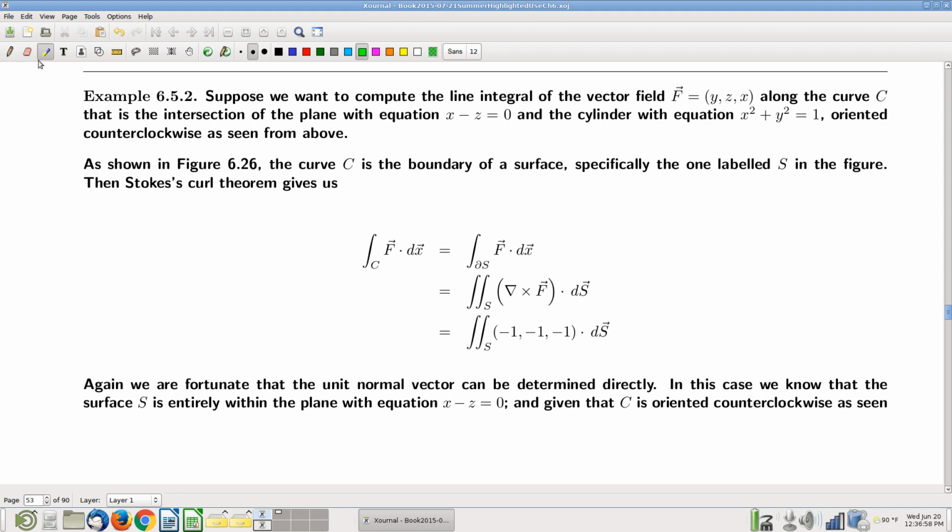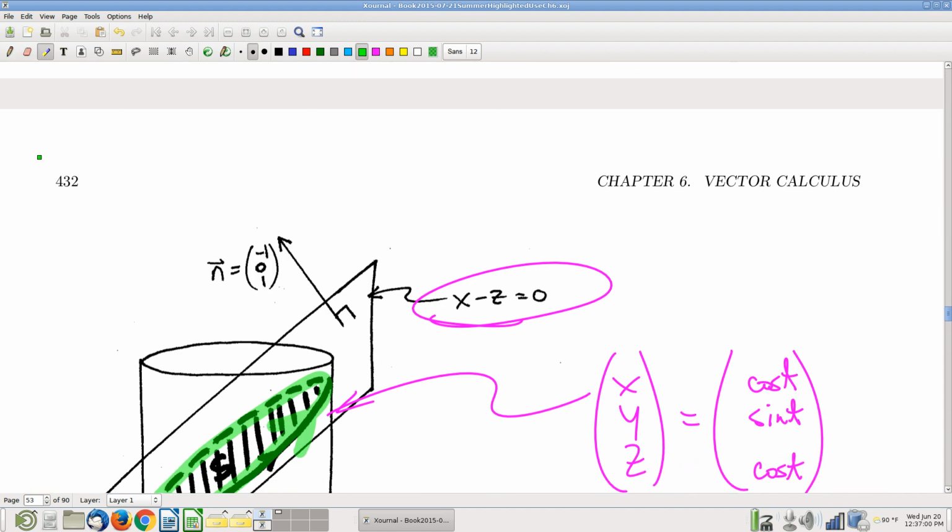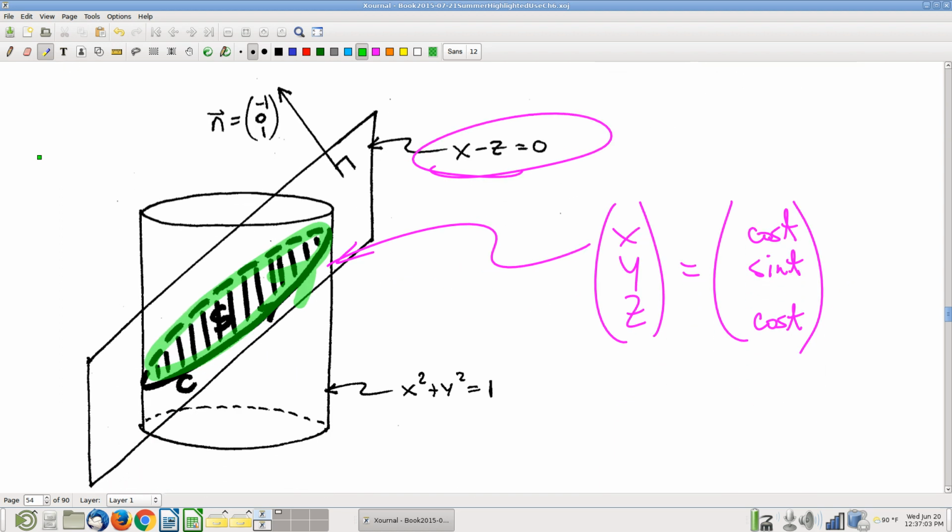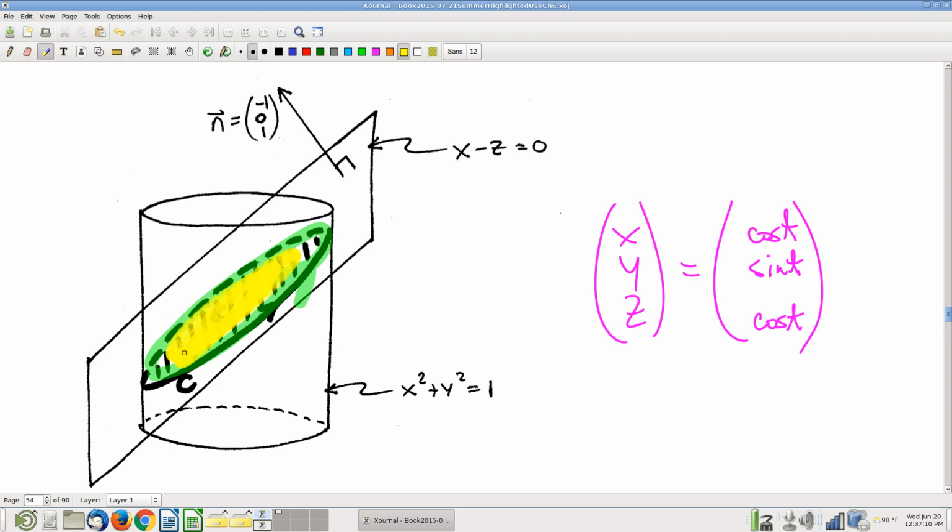The alternative is to observe that this curve is a boundary. You can see it right there. It's the boundary of that disk. By the way, just a quick thought: it's the boundary of this disk, sure, but it's also the boundary of other things. For example, if I wanted to take that half sphere, I suppose I could say it's the boundary of that.